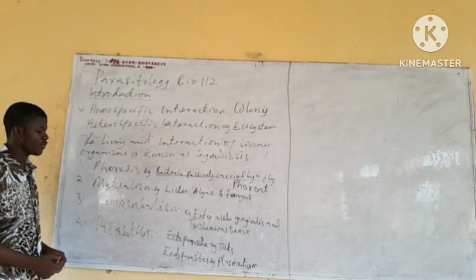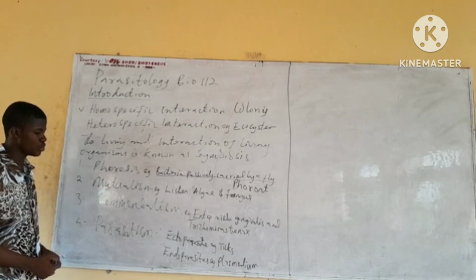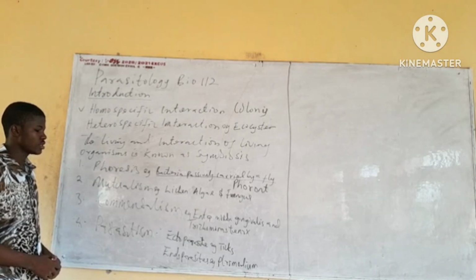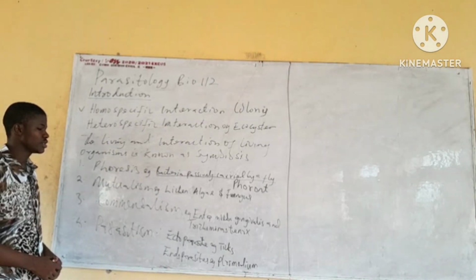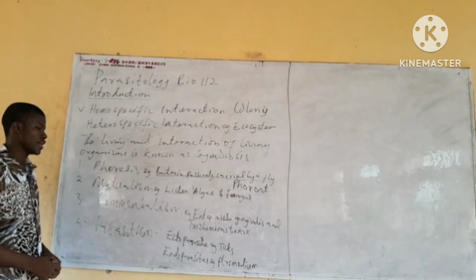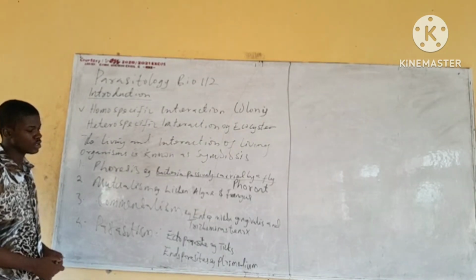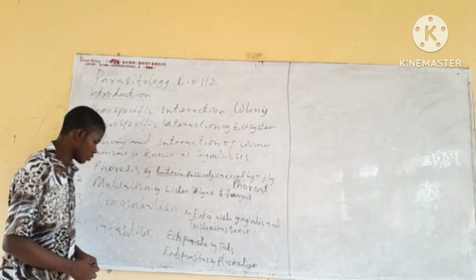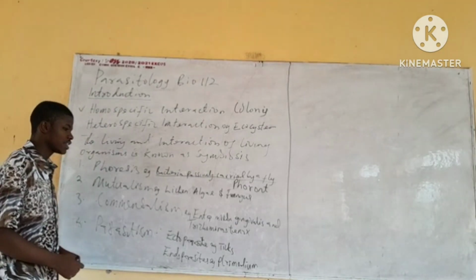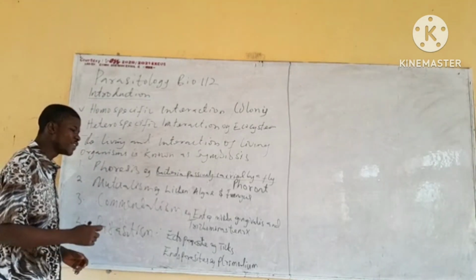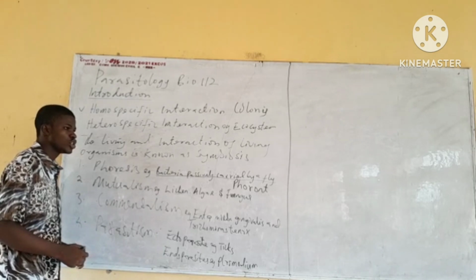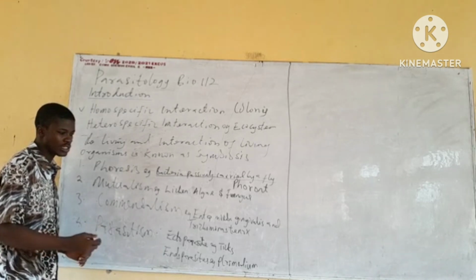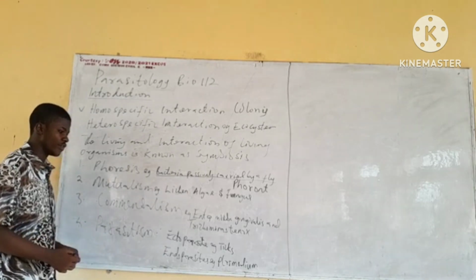In this type of interaction, the parasite is metabolically dependent on the host for survival. The parasite can only live inside the host. If they are prevented from making contact with the host, they can't survive.